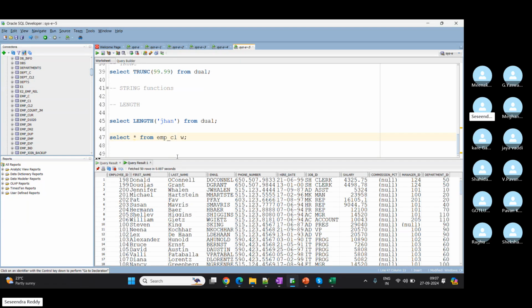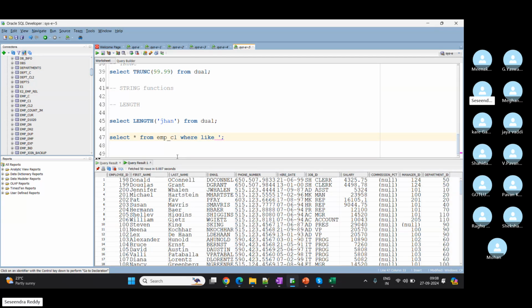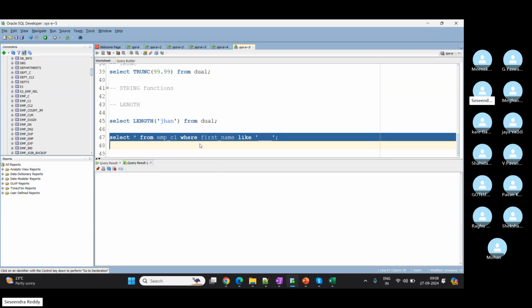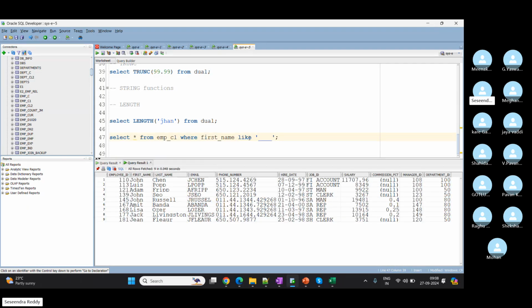Let's say again someone asks you to print those whose name has 4 characters. We learned the like operator, so we can go with four underscores, right? So like with four underscores can give the result of names whose length is 4 characters.